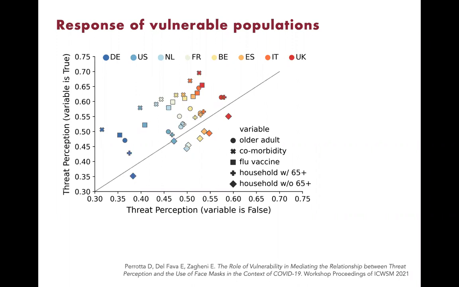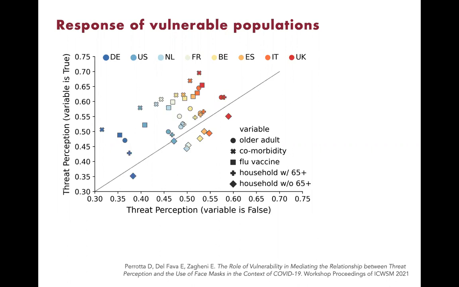Here we see the relationship between the threat perception by these groups and by countries. We observe that, for example, the threat perception is basically clustered by country, from the lowest one, Germany, to the highest one, the United Kingdom, and that the threat perception is consistently higher for people with comorbidity, followed by those vaccinated for influenza and those aged 65 and over.